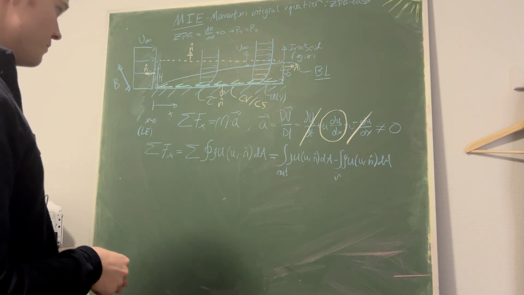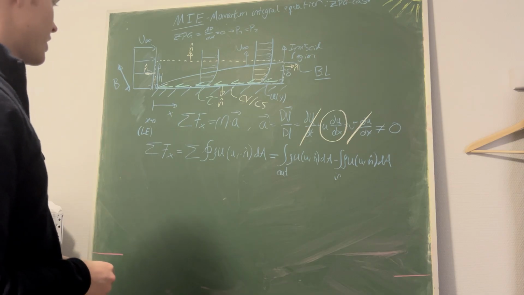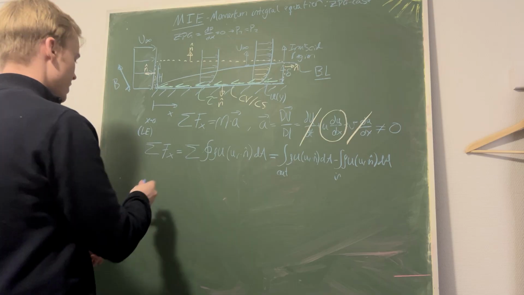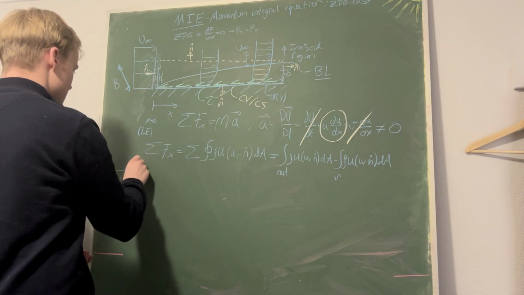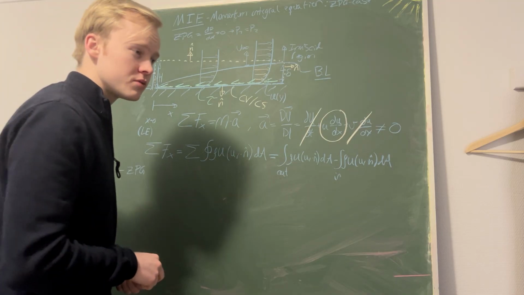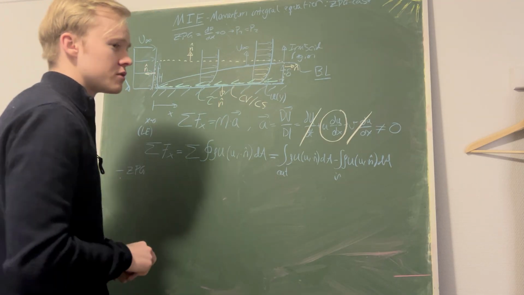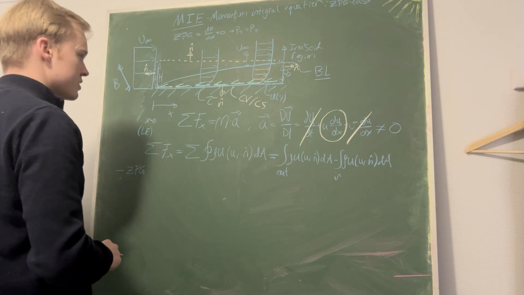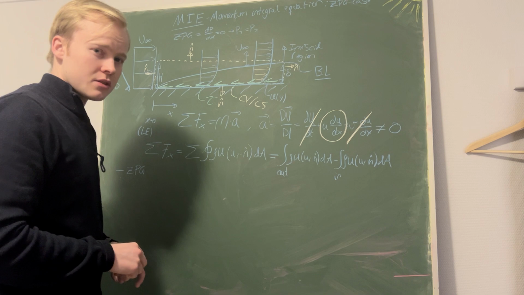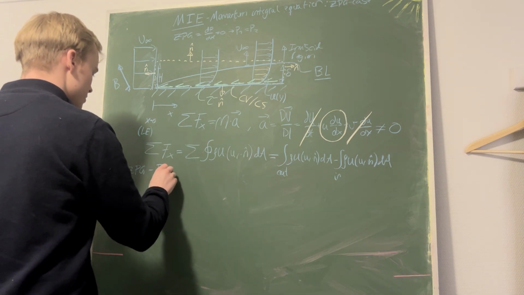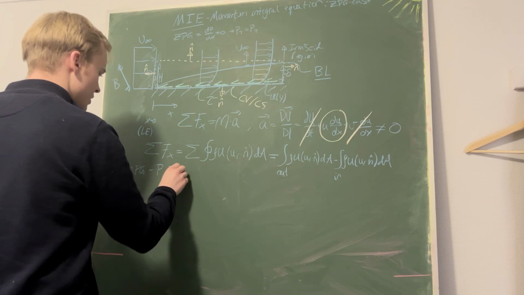So now, what kind of forces do we have? Well, we have a ZPG case, so the pressure gradient is 0. That means that the pressure is constant over this part, and that also means that there are going to be no pressure forces acting on our control volume. So the pressure forces are 0.